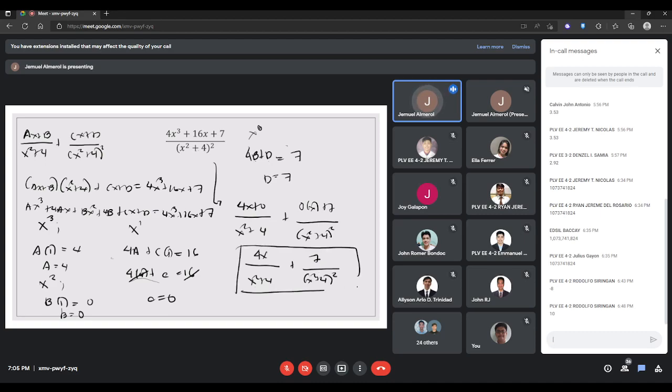Huwag nyo nang i-combine. Pinartial fraction nga natin eh. Kasi lalabas dyan ito din. Okay? Hopefully, ang bala ko kasi sa quiz nyo, puro partial fractions. Masanay ka.